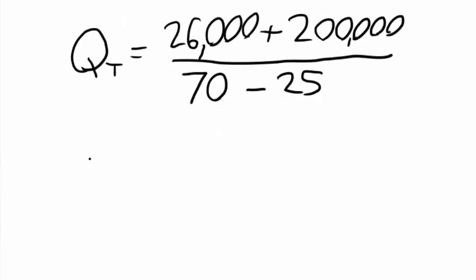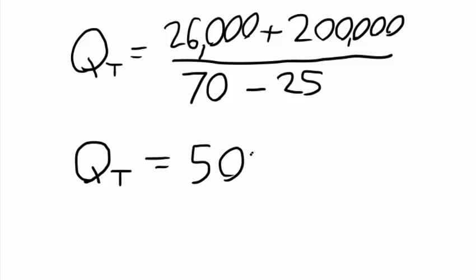And by plugging this into a calculator, we get quantity target equals 5,022.22. So in order to reach our profit target of 200,000, we would have to produce 5,022.22 units of whatever good we are producing.